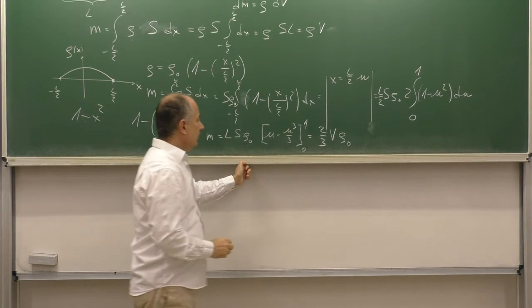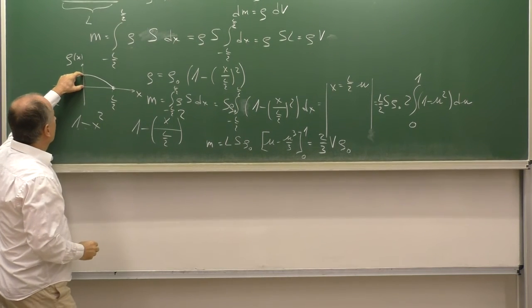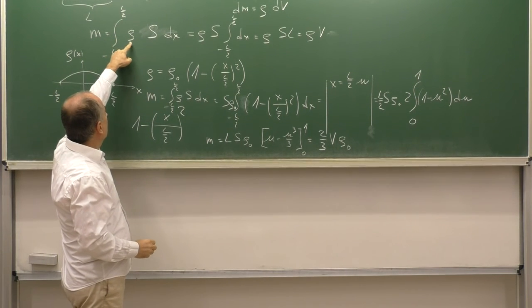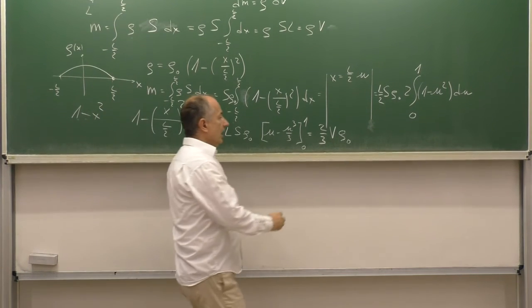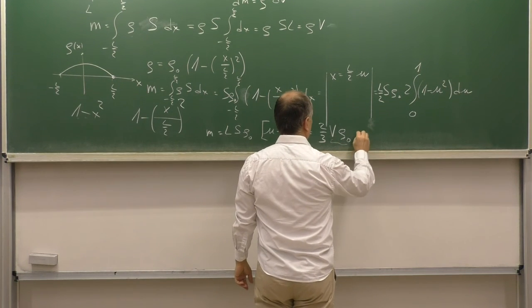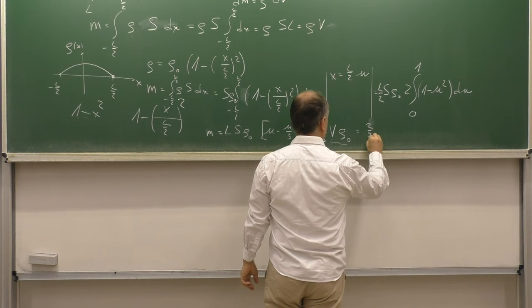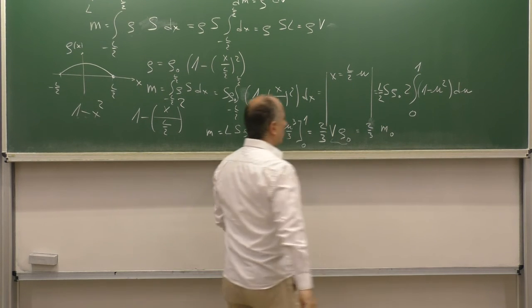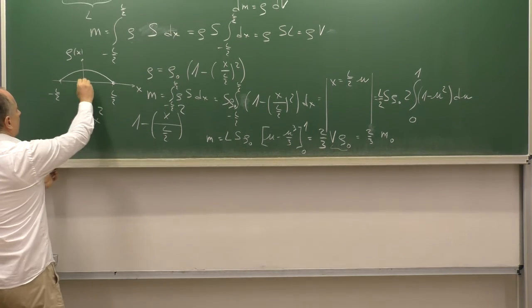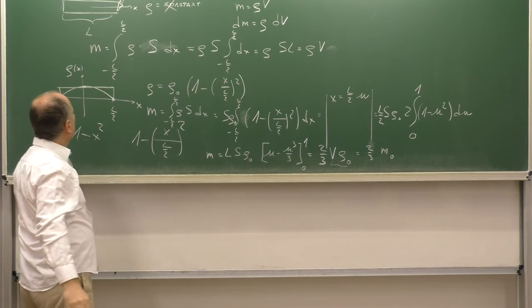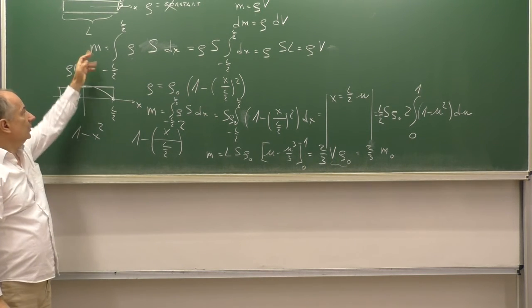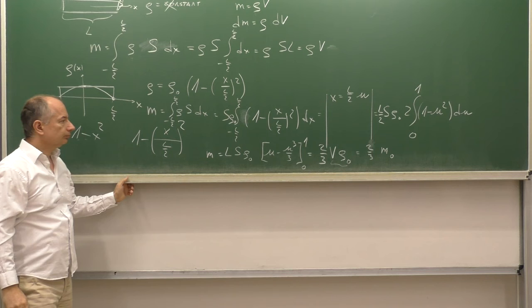If we now consider rho 0 to be related to the rho that was constant for the homogeneous rod, then this was the original mass with the constant density as in the previous case.